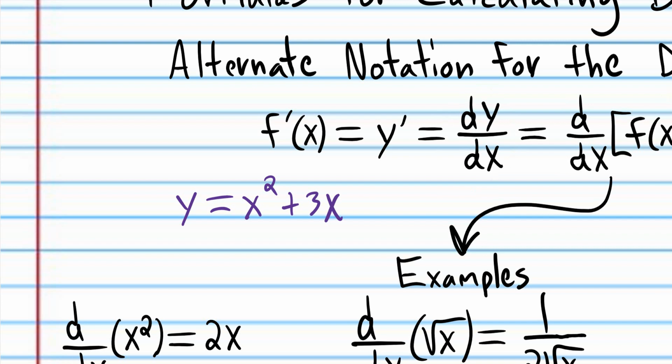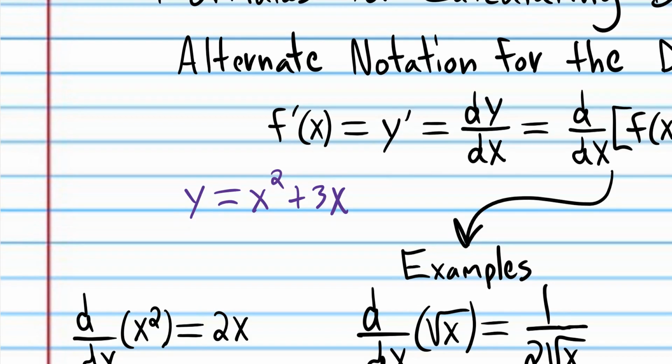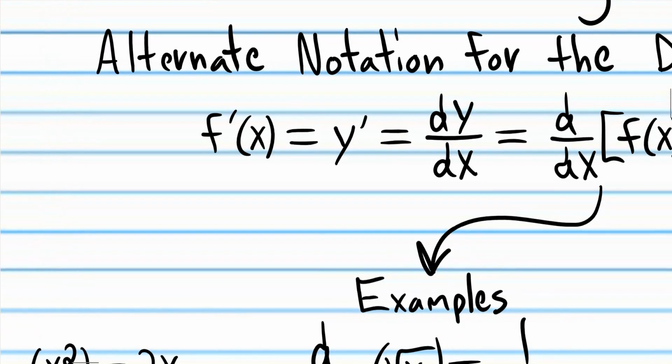But it looks like a fraction, so it's kind of confusing. But there are some good things about this notation, and so we use the notation in many different scenarios. One good thing about this notation is that we identify the dependent variable, which is y, and the independent variable, which is x, in the notation. So we identify both variables.